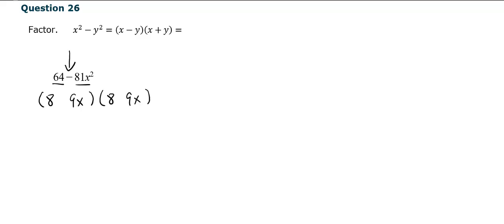And remember, one of these has to be plus and the other minus. Order does not make a difference. So 8 plus 9x times 8 minus 9x is the same as 8 minus 9x times 8 plus 9x.